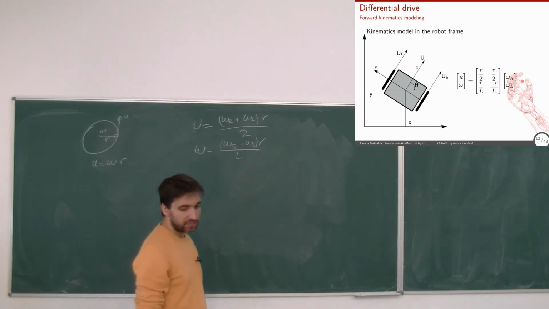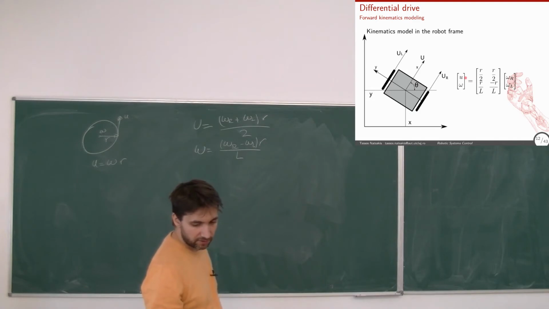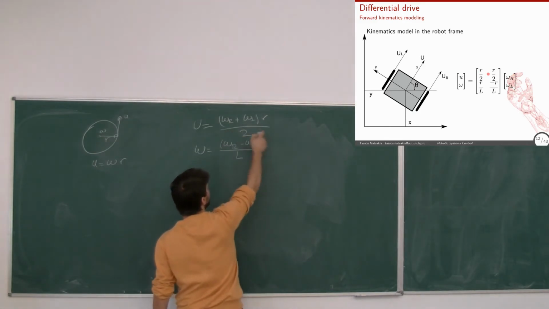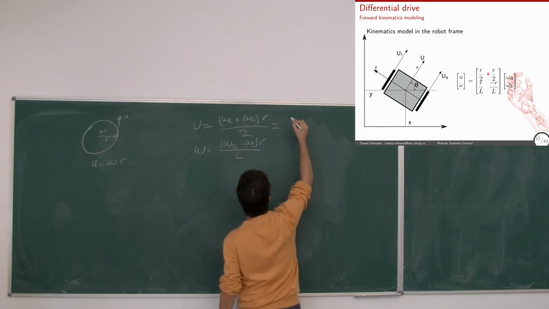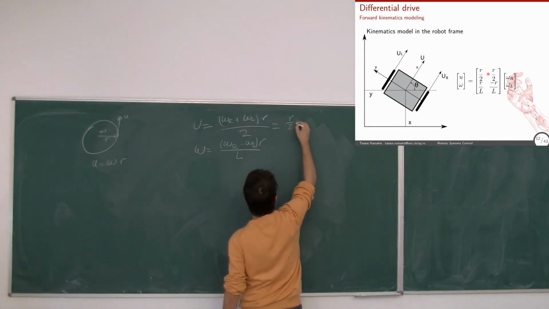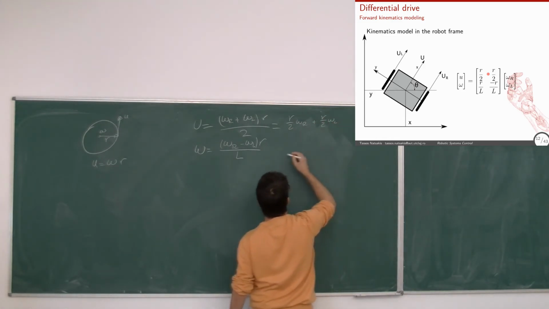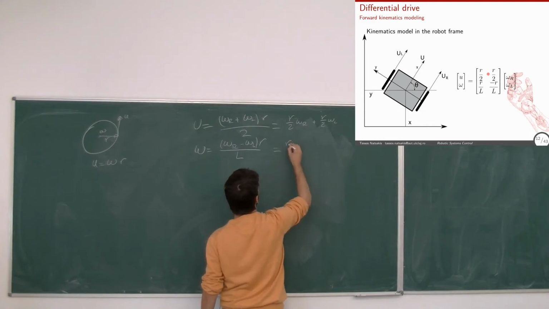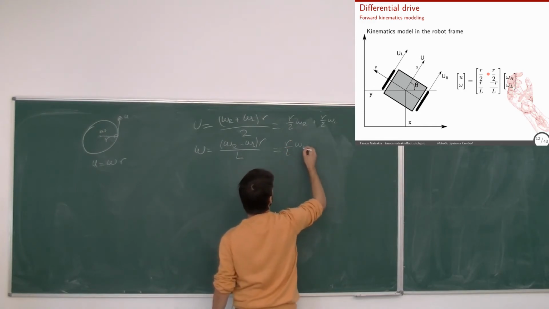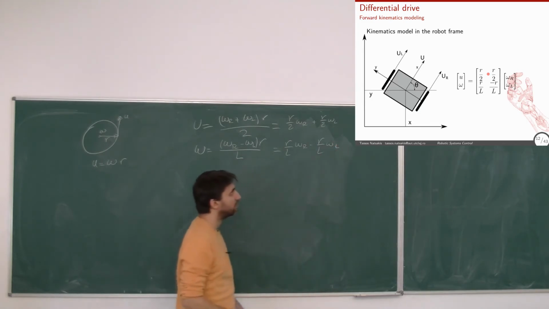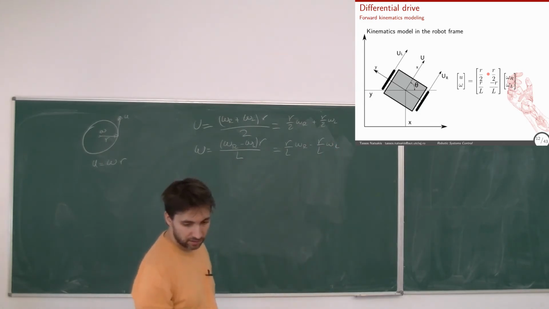Okay. See, this is just in a vector format, where I have my u and omega, and I have my control inputs, omega r, omega l. And this I can write basically as r over 2 omega r plus r over 2 omega l, right? And this one is r over l omega r minus r over l omega left, right?